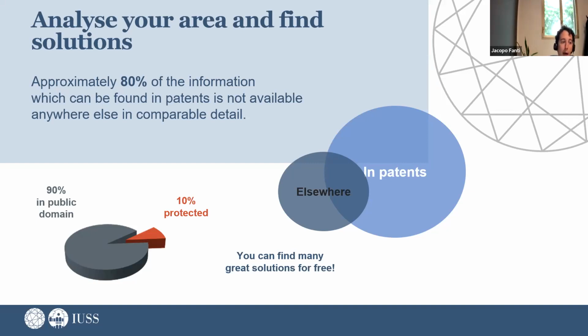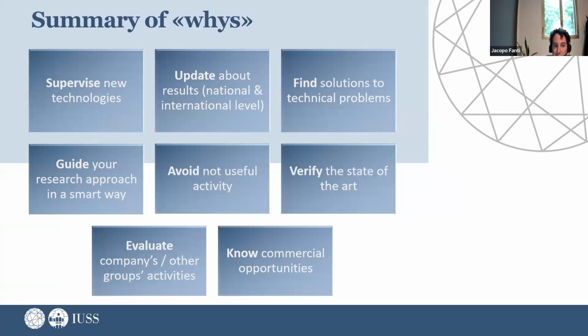So be aware also that if you investigate the patent scope, maybe you can find a lot of interesting ideas, and maybe you can start thinking about exploiting those ideas. So this is another important take-home message from today, probably. So why do we need to investigate the patent databases?